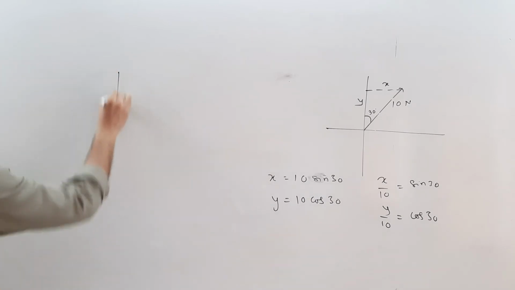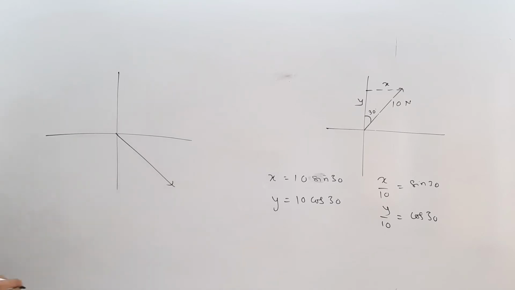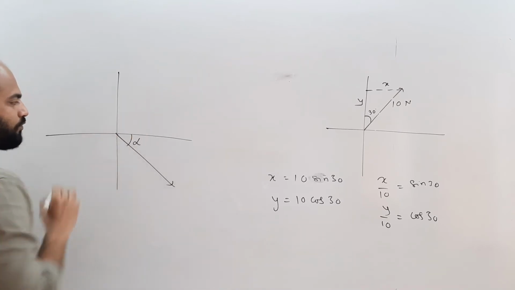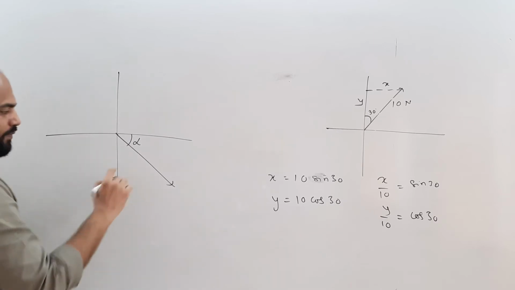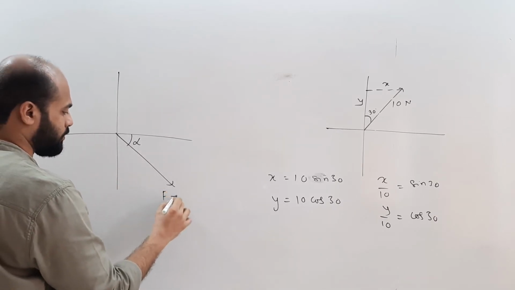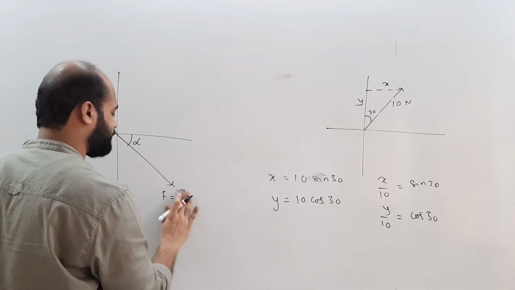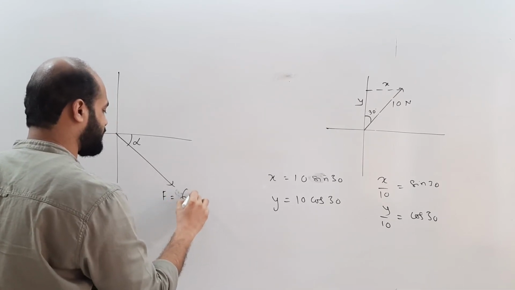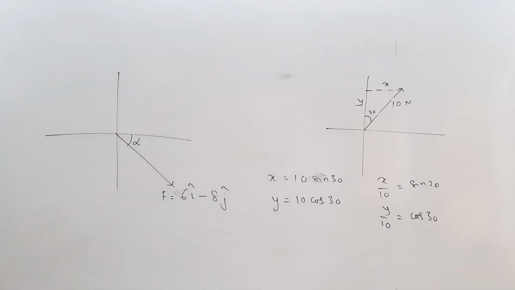Let's take another example. Let's say this is the vector now and this is alpha. It's given to us that this vector is 6 i cap minus 8 j cap. This is the vector.